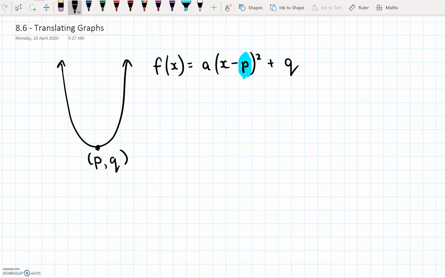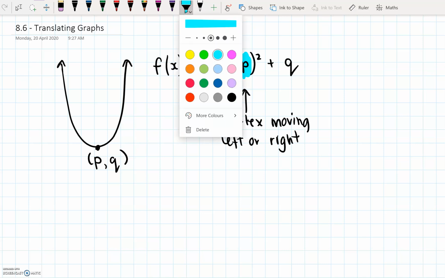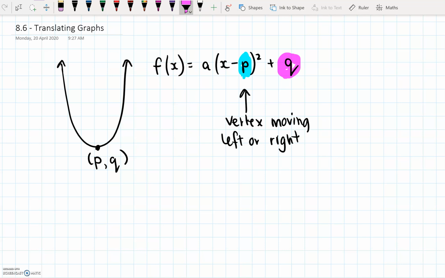So p represents the vertex moving left or right, and q represents the vertex moving up or down.